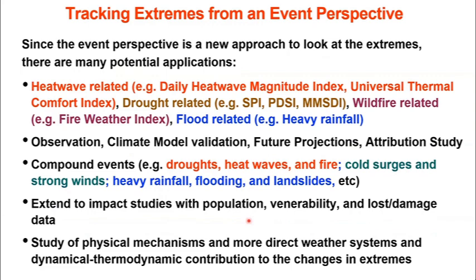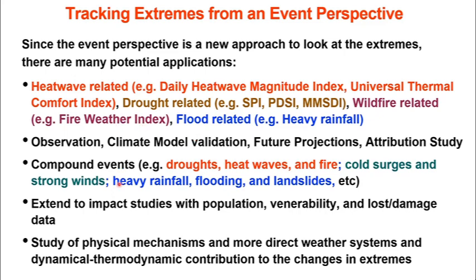And the final part, I try to promote my methodology, which is not really limited to the heat wave. There are other indices for heat waves as well, and we can see how much the change of drought, which also has a lot of indices, or wildfire index, flooding, heavy rainfall, and so on. And you can apply it not only to the model, observation, and future projection, although with some caveats, and also do attribution if you want.